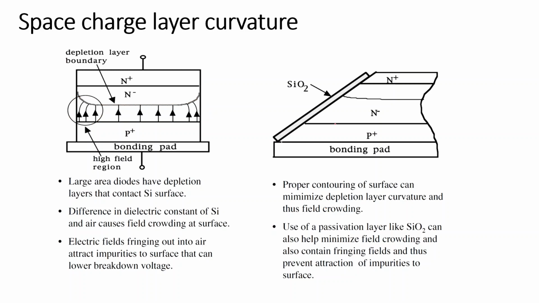So to limit this, we need to provide contours rather than vertical structures. So we have to provide such contours or tapered structure, and sometimes we have to put insulator over these surfaces. So to keep our breakdown voltage from reducing, we need to do these arrangements.